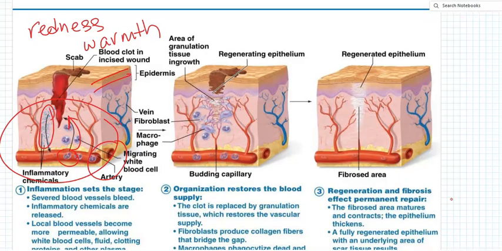What do we call the situation when there's a fluid in the tissue? Edema or swelling is the third sign. And both swelling, increased pressure in the tissue, and these chemicals, they result in pain. So classic redness, warmth, edema, and pain.